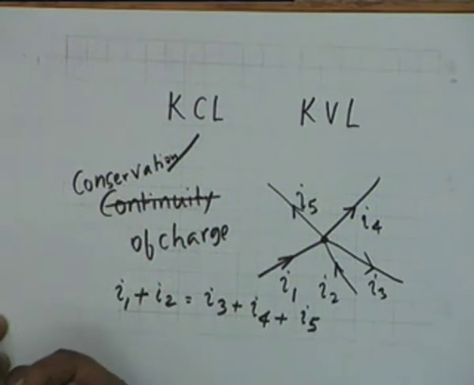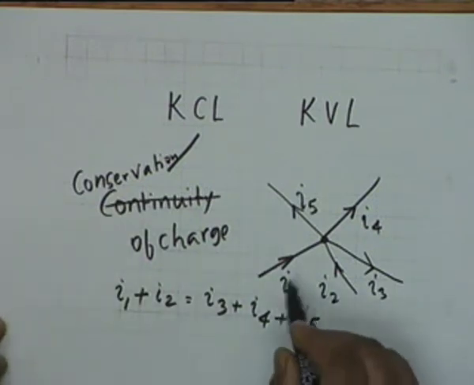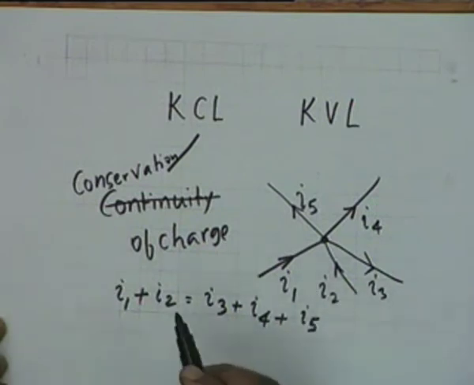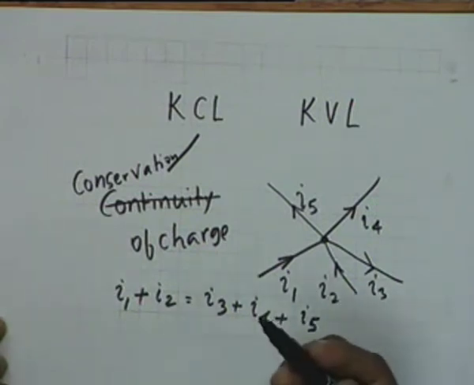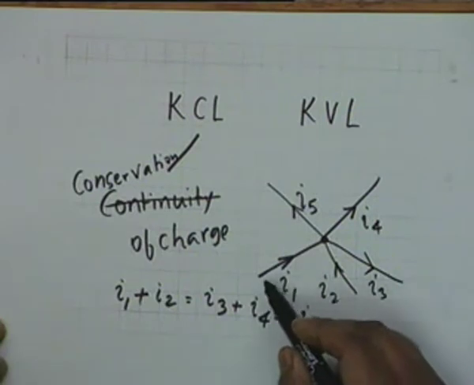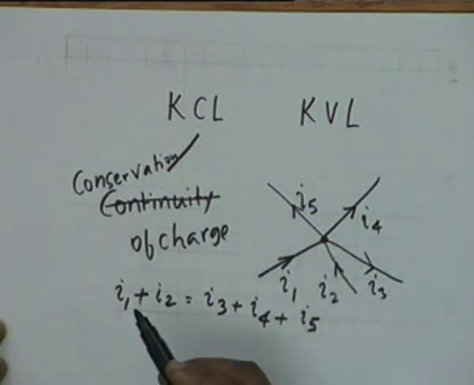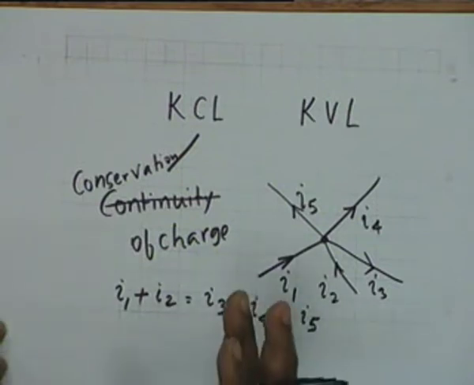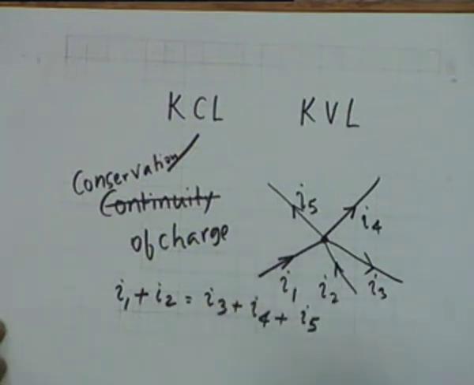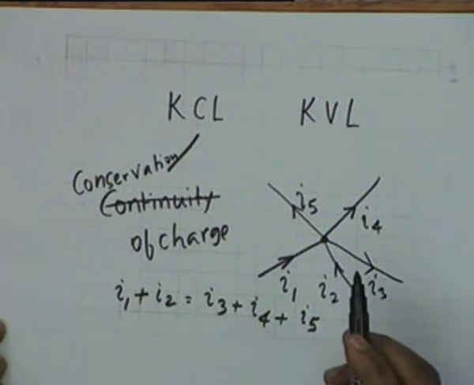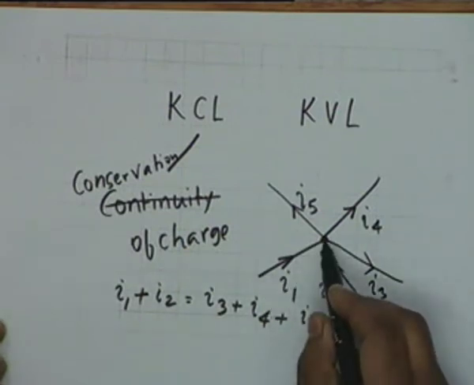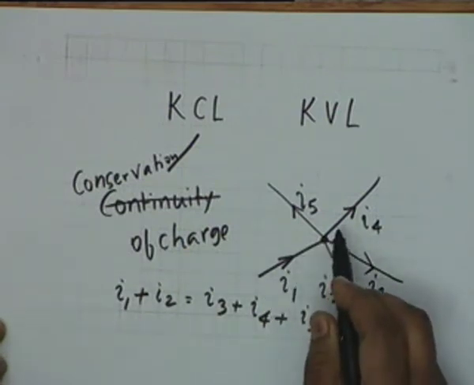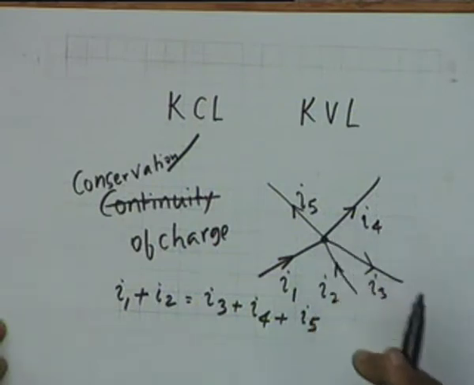Sometimes KCL is stated in terms of algebraic sum, which means that each current shall be given a polarity, either positive or negative. Any current that enters the node can be called positive, although there is nothing sacred about it. It can also be called negative, but you must be consistent. If a current arriving at a node is considered positive, then the current leaving the node must be considered negative, or vice versa.